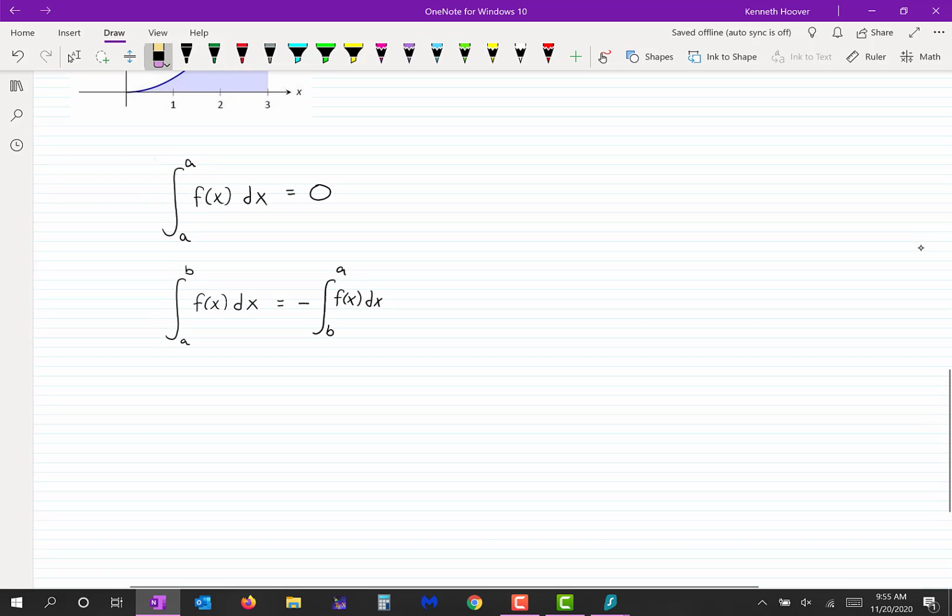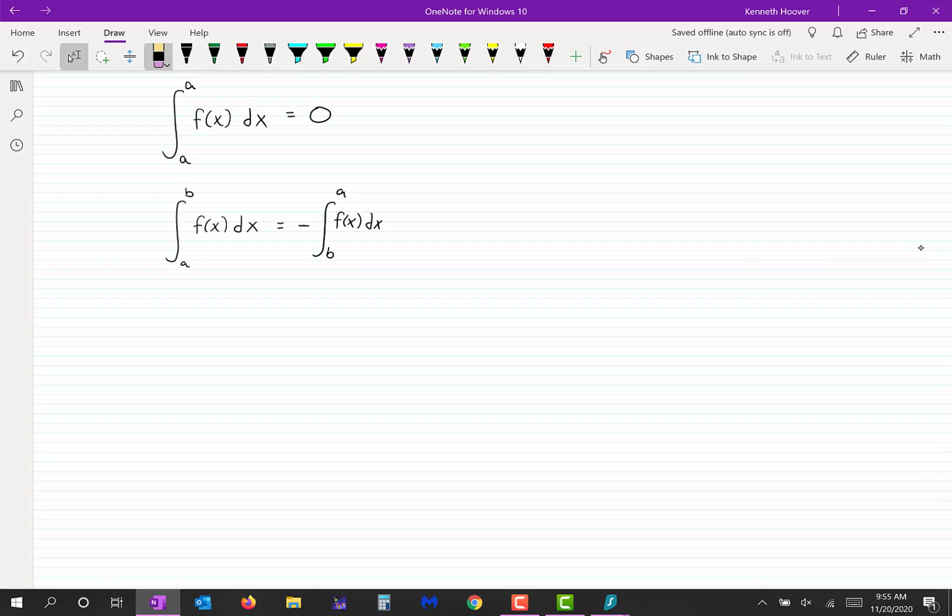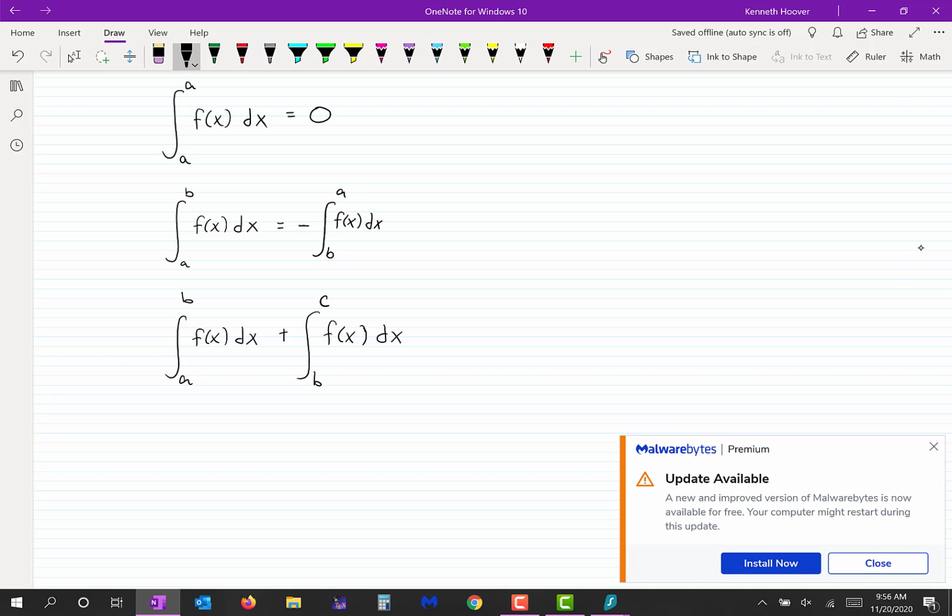Okay, here's a couple of other rules. The integral of a function from, let's say, a to b, added to the integral of the same function from b to c, starting the second integral where the first one left off, is the same thing as integrating the function once from a to c.